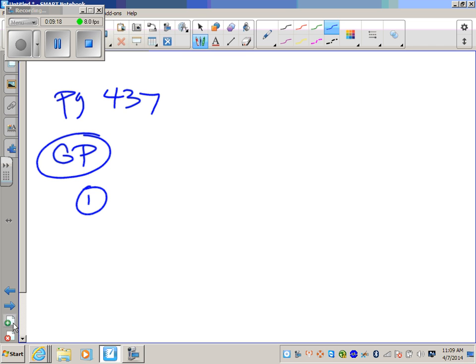So are those drawing measurements or actual measurements of a house? Drawing. No one lives in a 6.5 inch by 5 inch house.